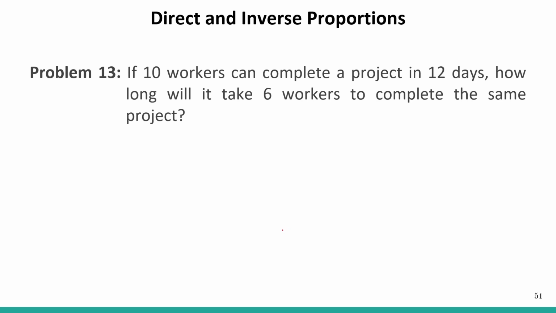So problem number 13. If 10 workers can complete a project in 12 days, how long will it take 6 workers to complete the same project? What we can do here is use the work-time equation. Number of tasks is equal to 1. So it is number of tasks into number of workers into amount of time, that is 12.